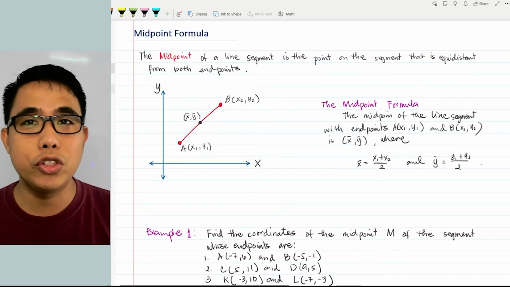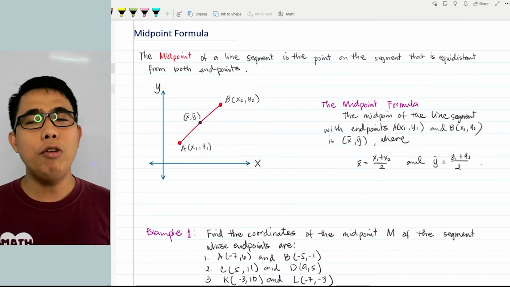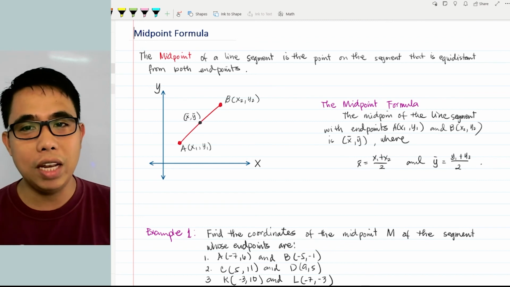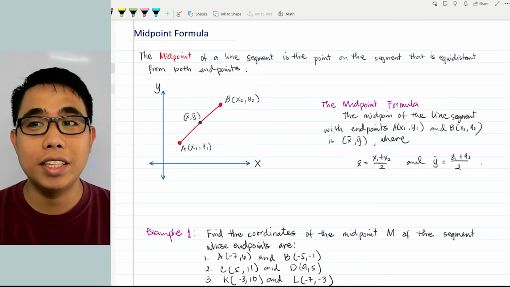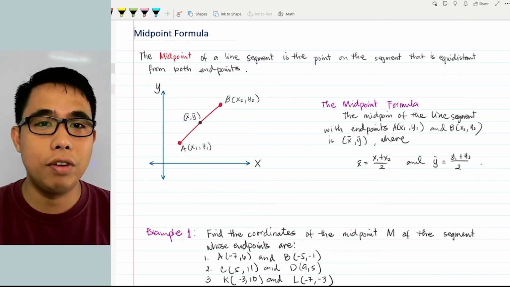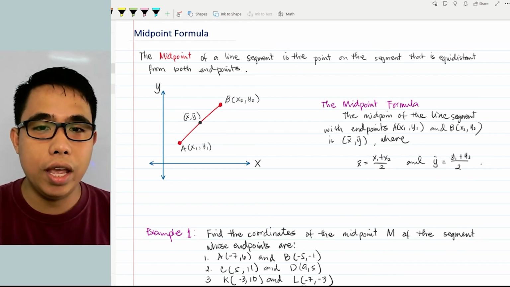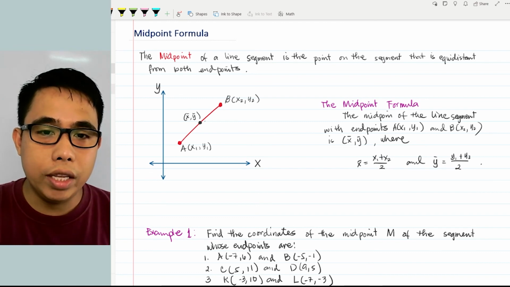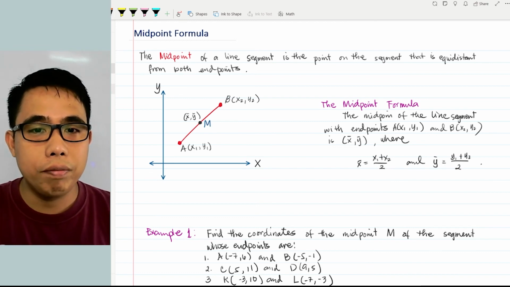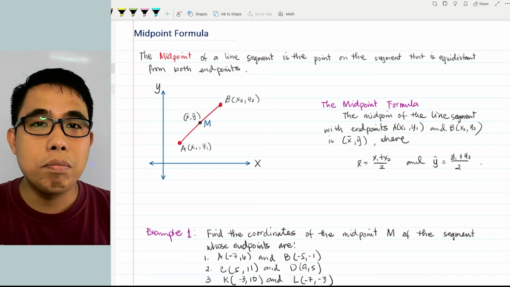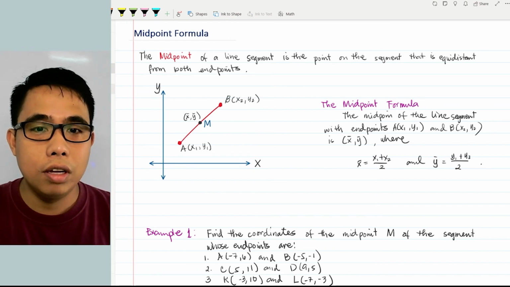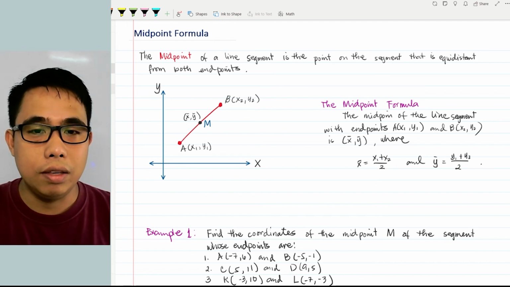Now let's proceed to the midpoint formula. What is the midpoint? The midpoint of a line segment is the point on the segment that is equidistant from both endpoints. So if we consider point A and point B, then this point in here, let's name it point M, is the midpoint of AB.